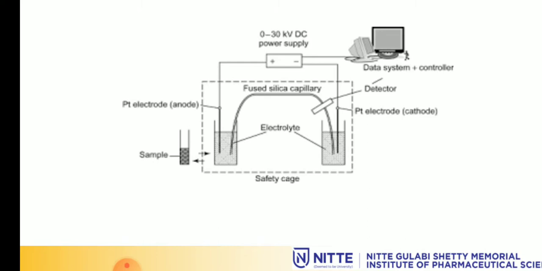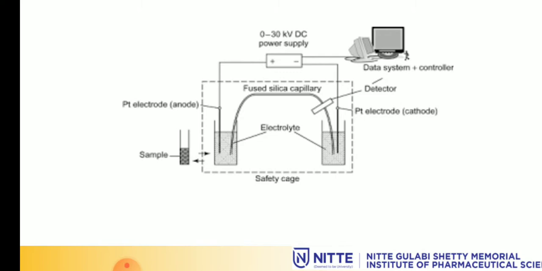You can see here it differs from zone electrophoresis and gel electrophoresis. In this, the migration of the electrolyte under the influence of the electric field and ionic mobility is partitioning into alternate phases with the help of non-covalent interactions.